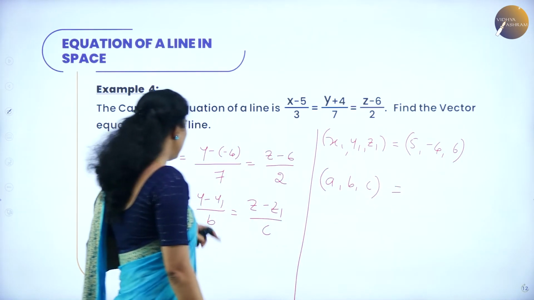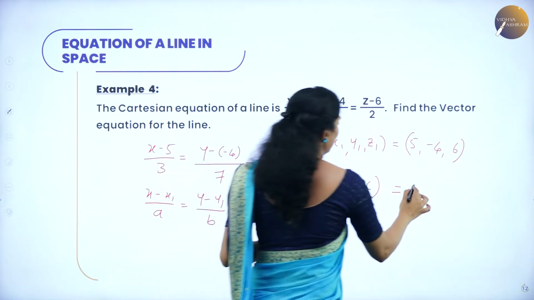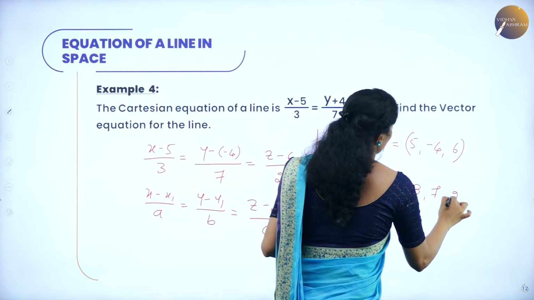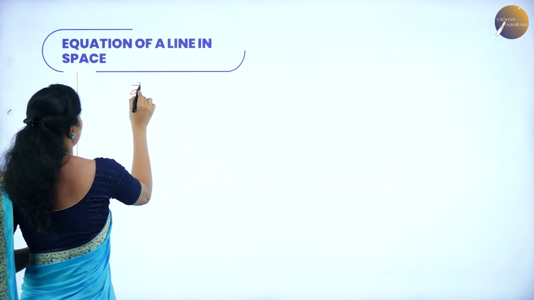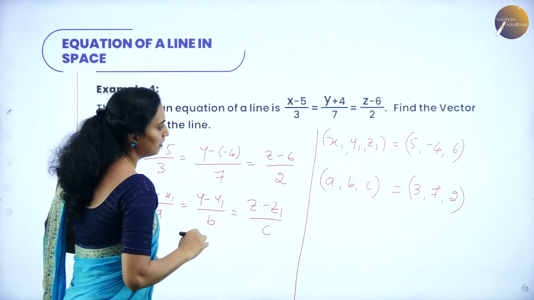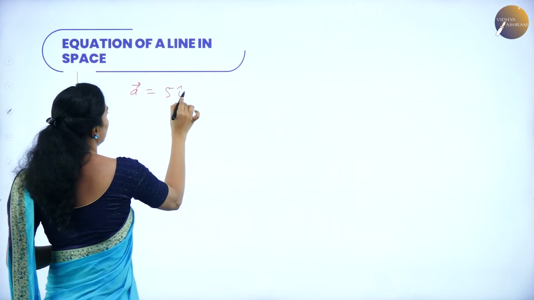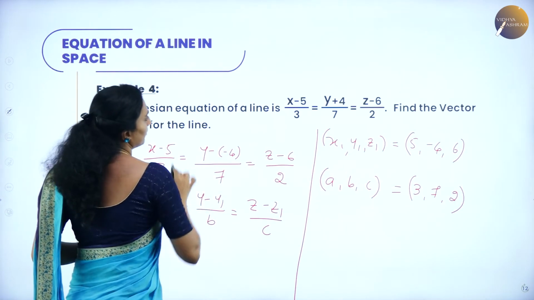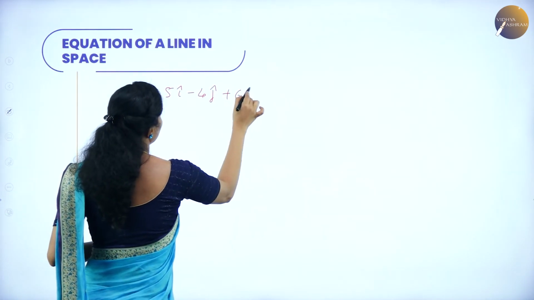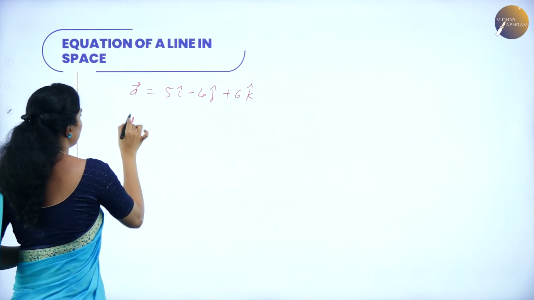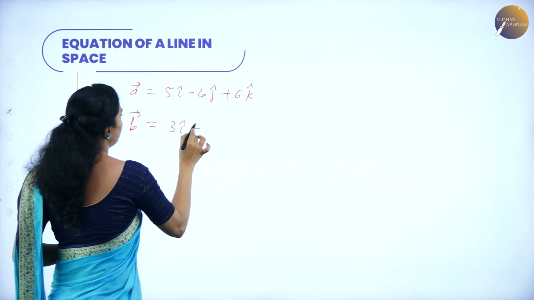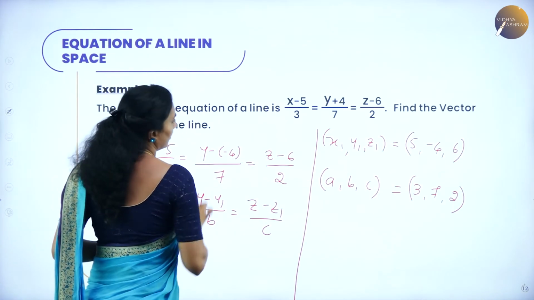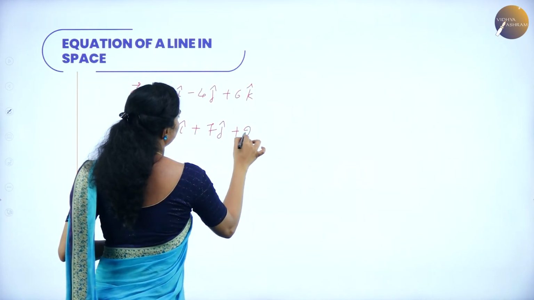The denominators: a, b, c are 3, 7, 2. Now, what is the a vector? A vector is nothing but 5i minus 4j plus 6k, correct? Similarly, b vector is nothing but 3i plus 7j plus 2k.